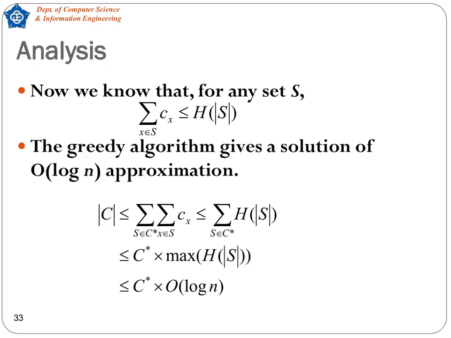Next, we compare the cost of our greedy solution to that of an optimal cover C star. Summing the sum over x in S of c_x over every S in C star, and applying the harmonic bound gives the sum over S in C star of the sum over x in S of c_x, which is less than or equal to the sum over S in C star of H of |S|, which is less than or equal to the size of C star times the max over S of H of |S|. Since H grows on the order of log n, this establishes that the greedy algorithm is guaranteed to produce an O of log n approximation.